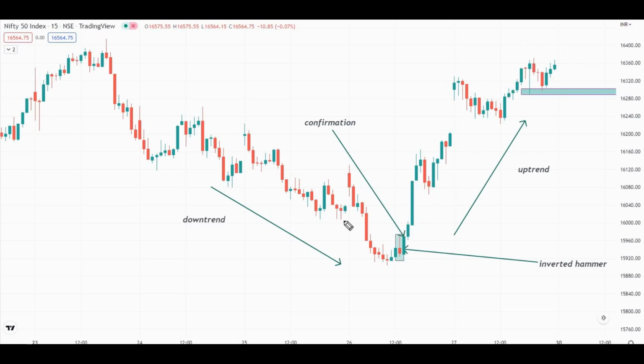Okay, and see the important clue. The sellers were getting exhausted. The selling pressure was getting weaker every time. And then we saw an inverted hammer candle and then a confirmation, SL, buy entry, trend change. Okay, so I hope you got something very important to learn from this video.